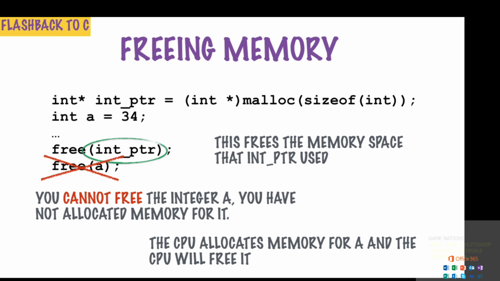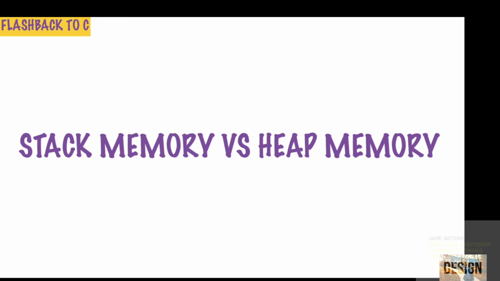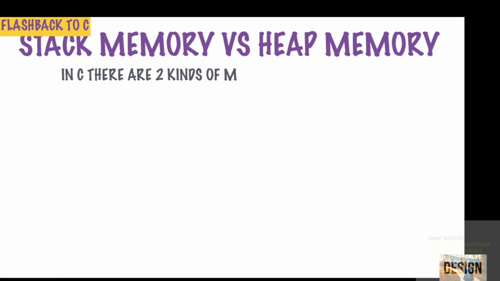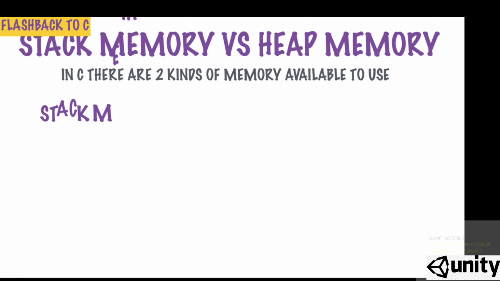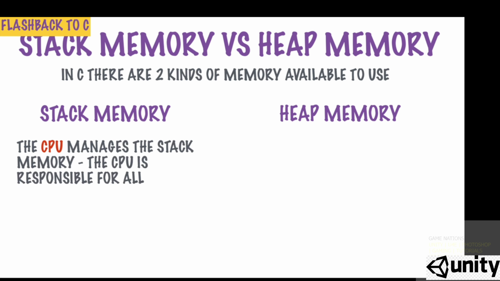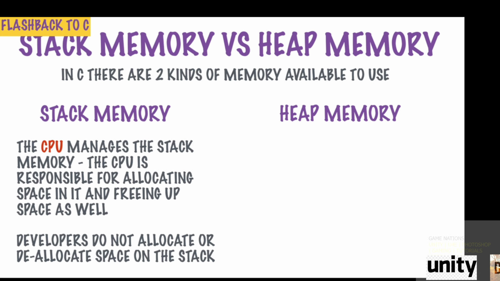Let's also do a quick overview of the different types of memory available to a C program. Stack memory versus heap memory. There are two types of memory that's available when we run a C program. This is the memory that is used to store variables and any other structs or other data that we set up in the C program. The first is the stack memory.